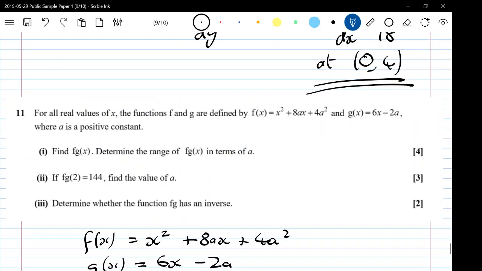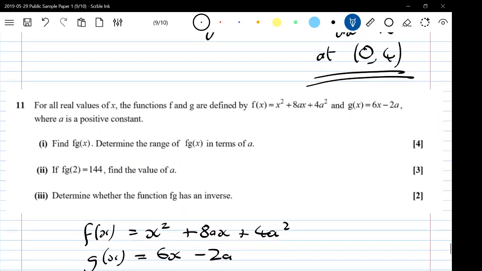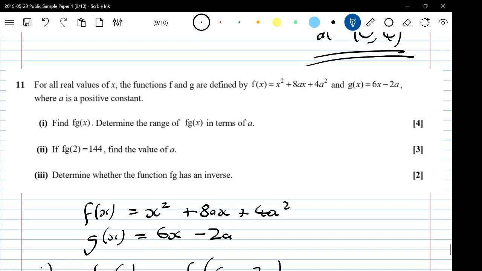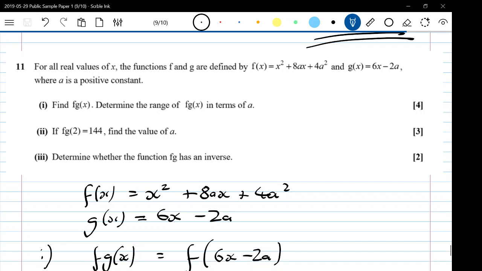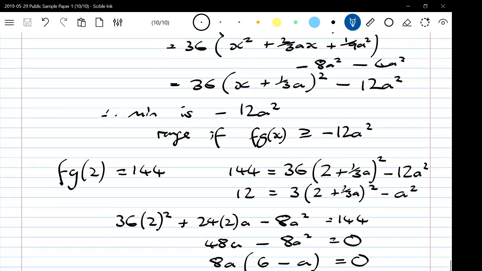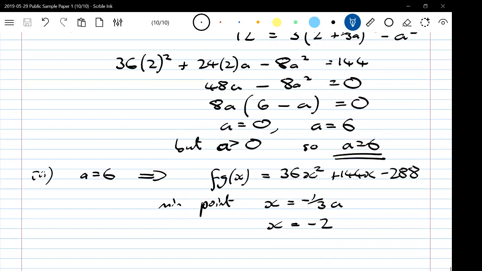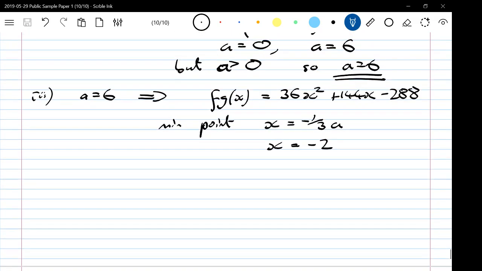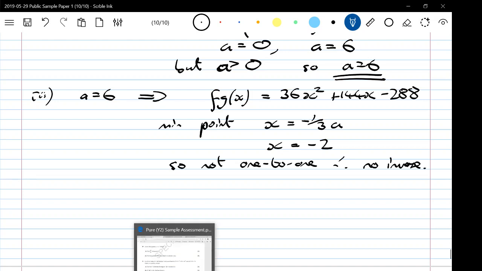And it's defined for all real values of x, so its minimum point does exist, so it does have an inverse. No, it doesn't have an inverse. The minimum point is this, so it's not one-to-one. So no inverse. There we go, and that's maths.